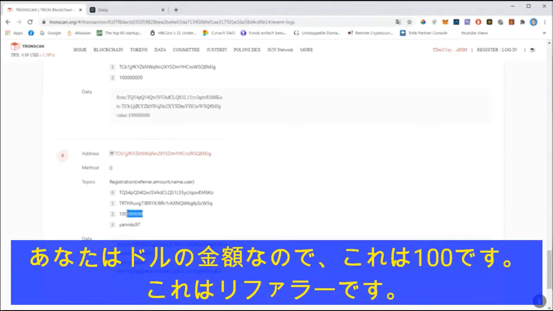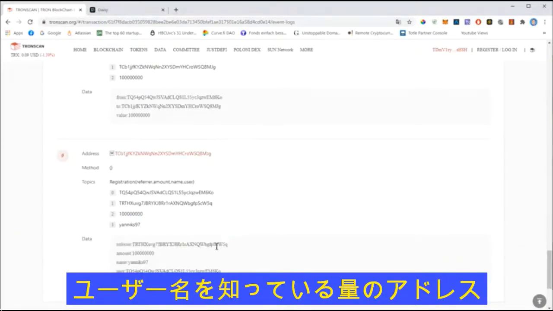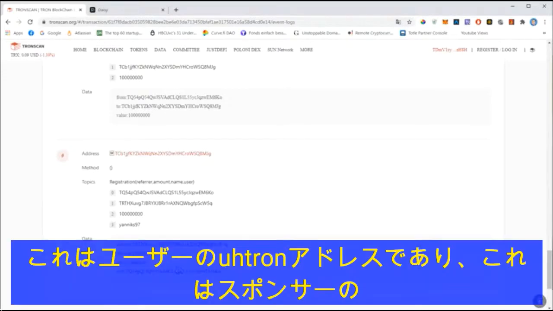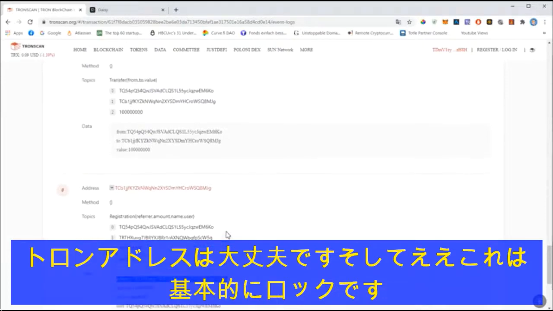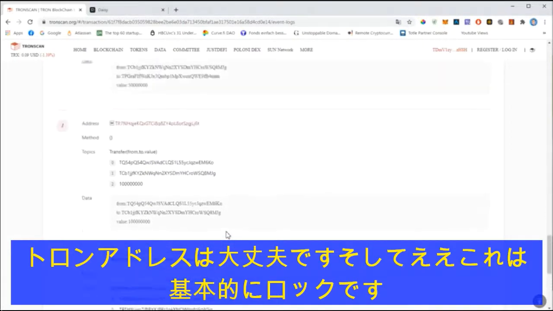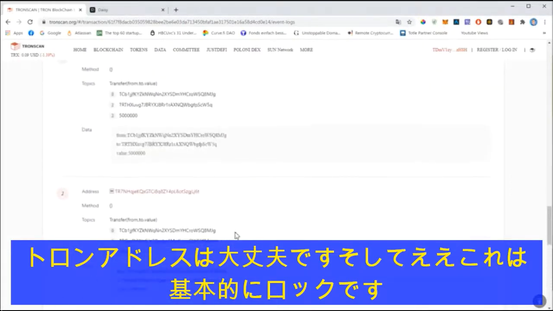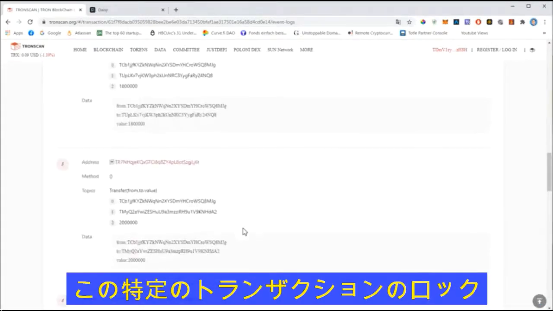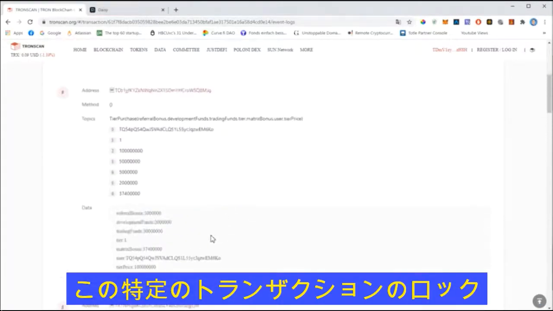So this is $100, as you can see. This is the referrer address, the amount, the username, and this is the user's Tron address, and this is the sponsor's Tron address. Okay, and this is basically the logs of this particular transaction.